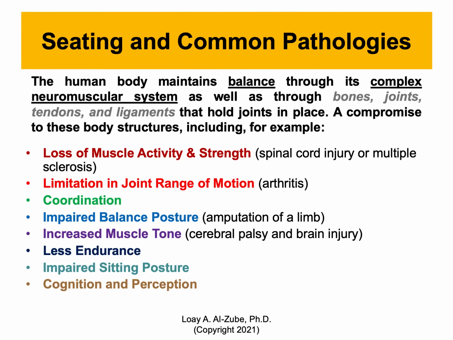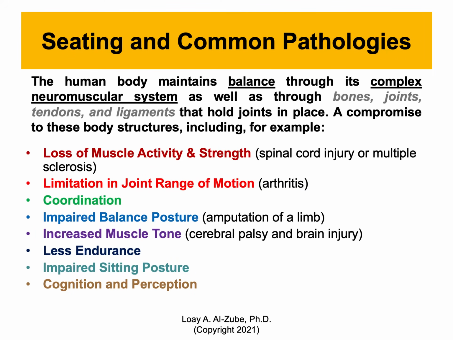Now, a compromise to these body structures, anything that is affecting the balance of the human body, will include some of the following. If you look at the screen, there are a lot of conditions that could be associated with losing balance and losing this homogeneous and delicate interaction between the different parts of our posture.